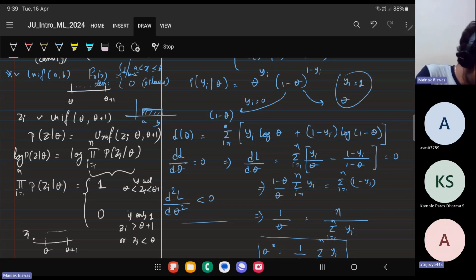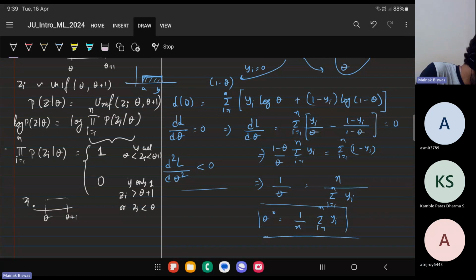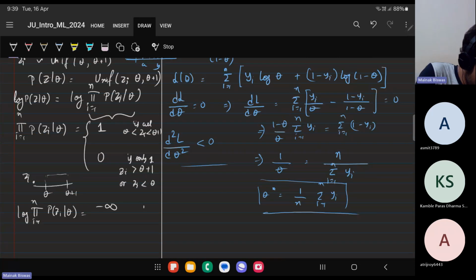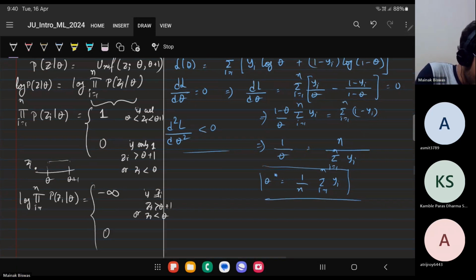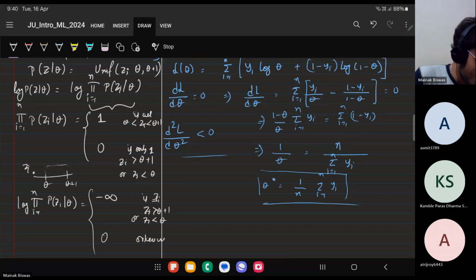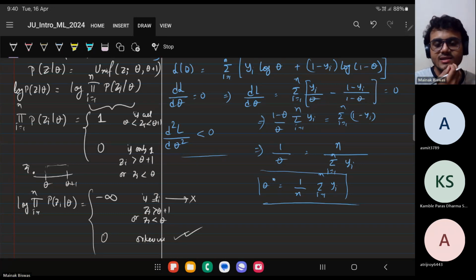So log of this will become minus infinity if there exists an i such that zi is greater than theta plus 1 or zi is less than theta, and 0 otherwise. This is not the case we want. We want the second case, right?